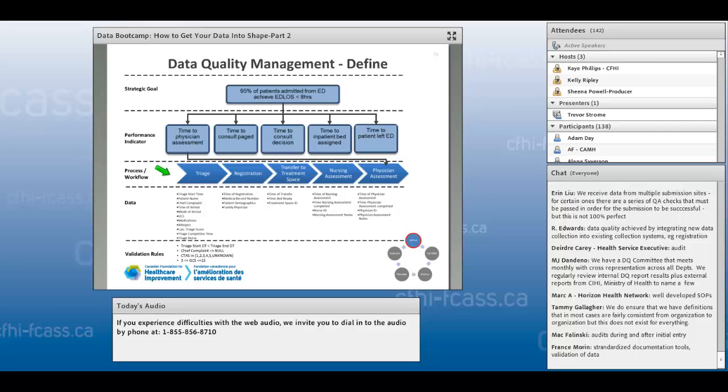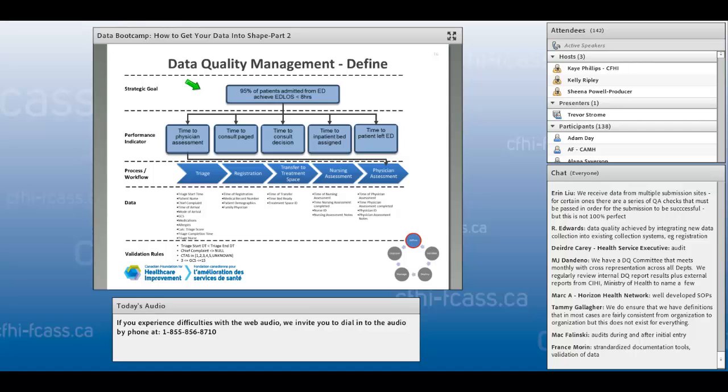So once we go back up to the process and workflow, this is where we talk about some of the context. The context is starting to be defined by the process, and then as we want to be able to evaluate our processes and our workflows and our quality, we assign indicators to various aspects of our performance, and ultimately we want to have our performance indicators tied to strategic goals.